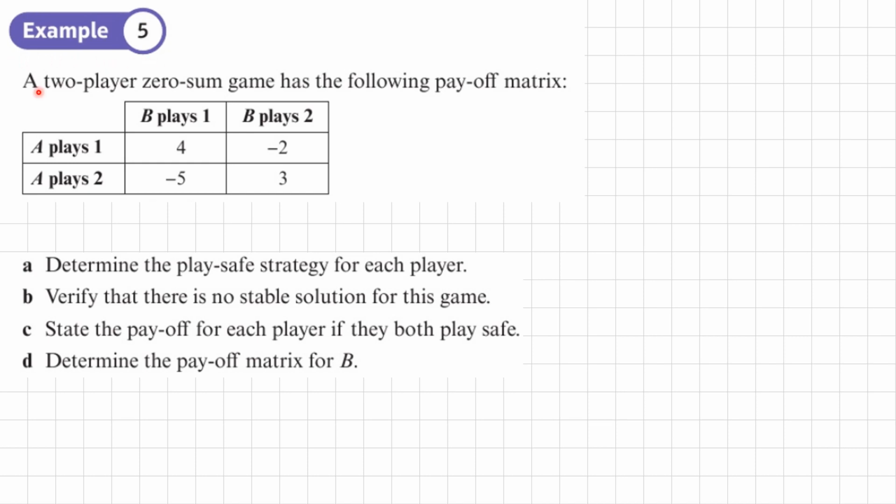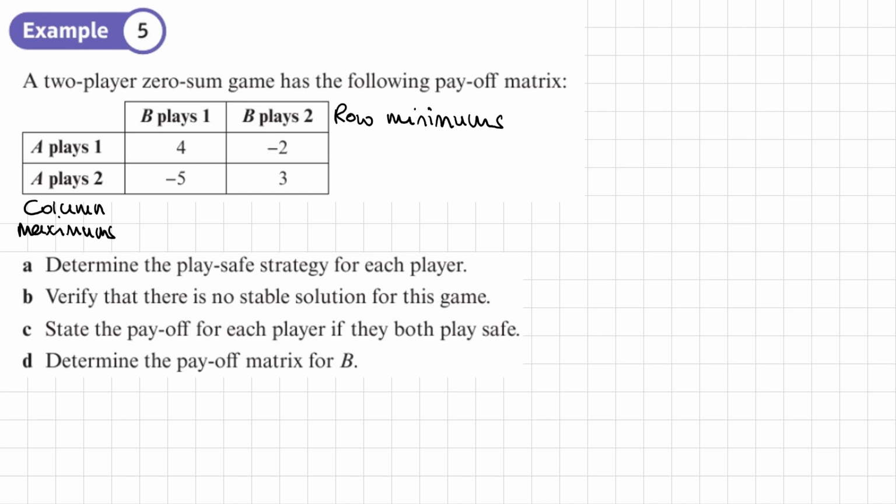Example 5. A 2-player zero-sum game has the following payoff matrix. What we need to do in part A is determine the play safe strategy for each player. So as before, we want the row minimums and we want the column maximums. So let's work those out. We'll write those down.